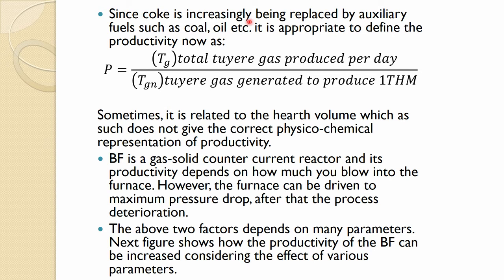Since coke is increasingly being replaced by auxiliary fuel such as coal, oil, and even some natural gases, it is appropriate to define the productivity as total tuyere gas produced per day divided by tuyere gas generated to produce 1 ton of hot metal.